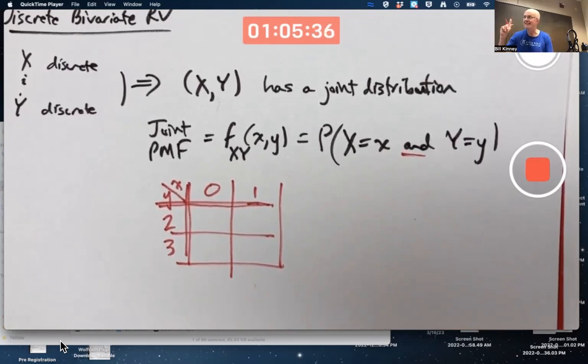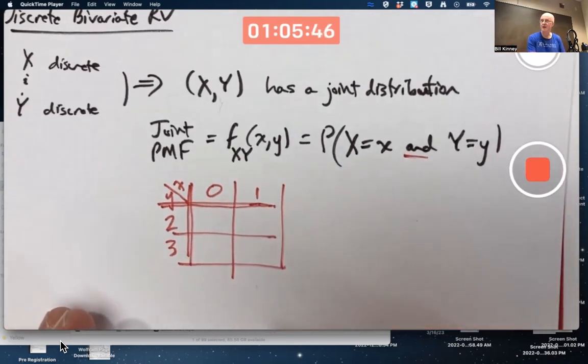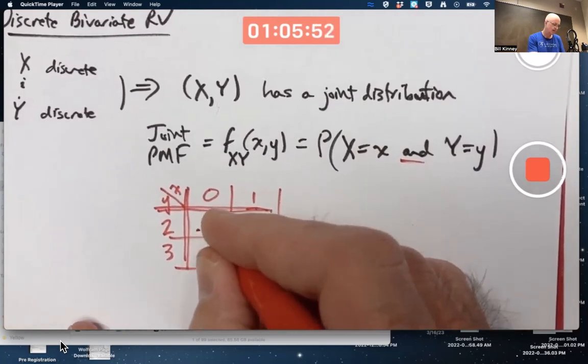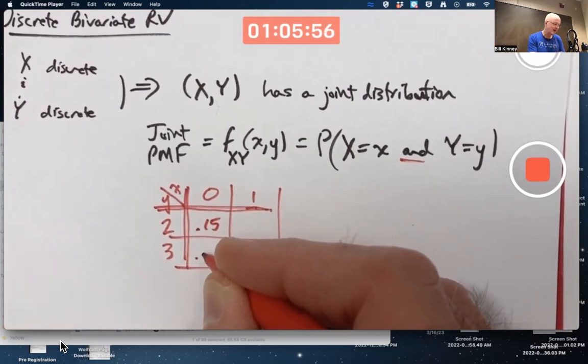Second thing, all the probabilities should add to 1. So I can create any combination of 4 numbers here that are non-negative and add to 1, and it would be a valid joint PMF. Oh, how about 0.15, I have to be careful.